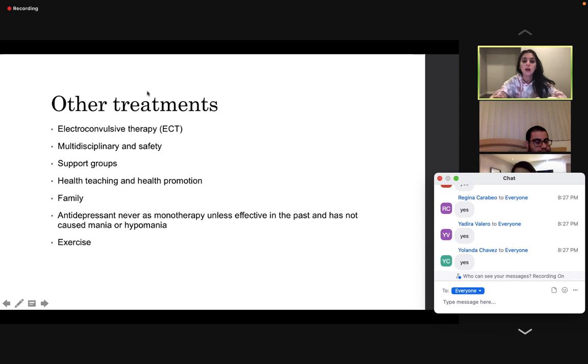Okay. So that was the meds. That was our treatment. Now, we have other treatment also. We also use ECT. If meds don't work, ECT is the one we go to. Again, we don't stop the meds, but we utilize it too.